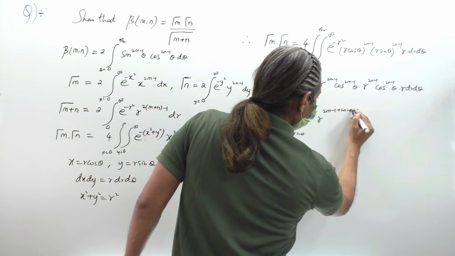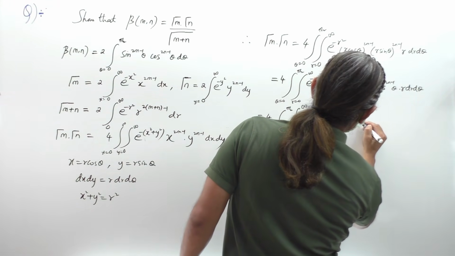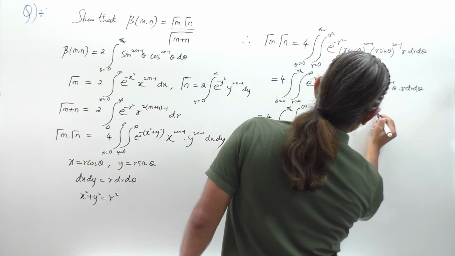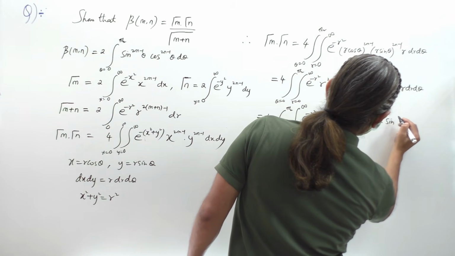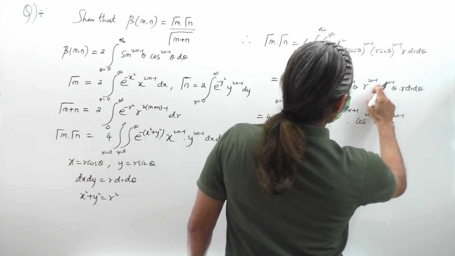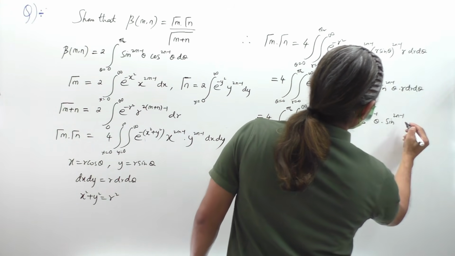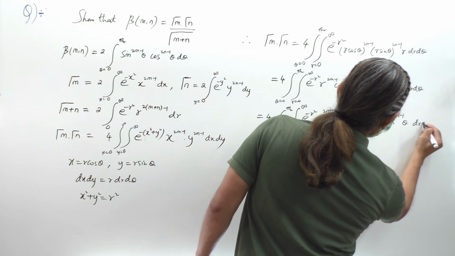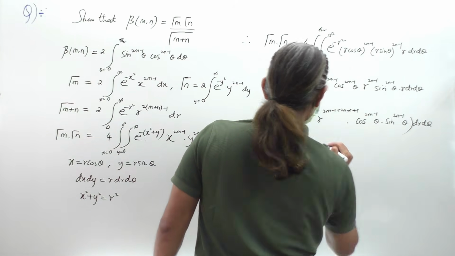So this one cancels here, into cos raised to 2m minus 1 theta into sin raised to 2n minus 1 theta dr d theta. This is what I have now.